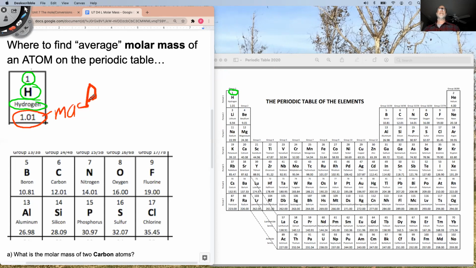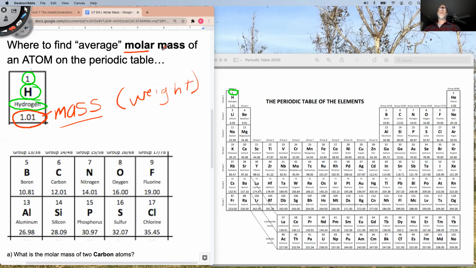And mass, ladies and gentlemen, is a fancy word for how heavy things are. So I'm asking you for the weight. I'm not really asking you for the weight because weight means something completely different. I'm asking you for the mass. But as far as you're concerned, if I ask you for the mass and you're thinking, how much does it weigh? That's a great thought process for you to have, okay? So the mass is the weight, all right?